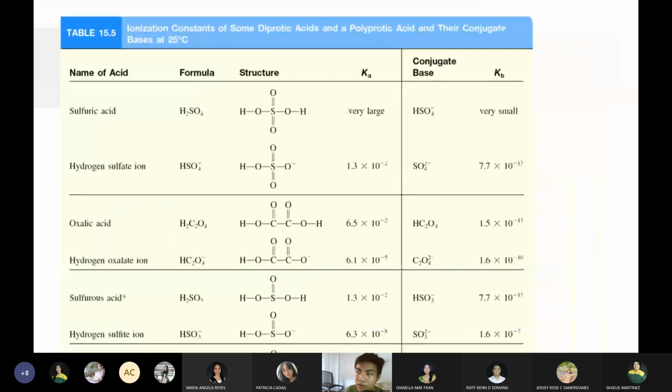So ito, in this table, we have here the ionization constant of some diprotic and triprotic acids. So for sulfuric acid, this is the only diprotic acid in which its first ionization is complete. Sabi dito, the Ka is very large, meaning this is 100% ionized. So you can calculate for the amounts of H plus and HSO4 minus by stoichiometry na lang.